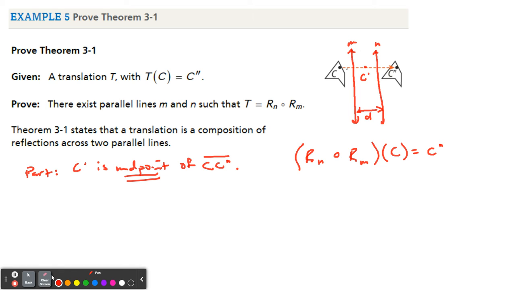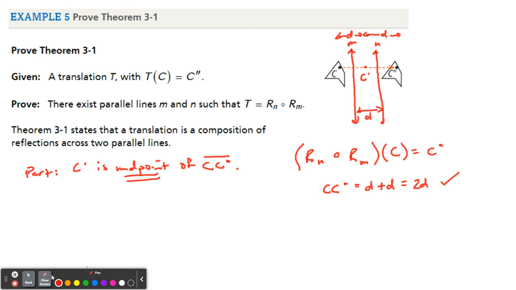So what that means is that between C and C prime, that's a distance of D, and between C prime and C double prime, that's a distance of D. So you can see that the distance from C to C double prime is D plus D, which is 2D. So that is the first one. If your C prime, your point of reflection, is right smack dab in the middle.